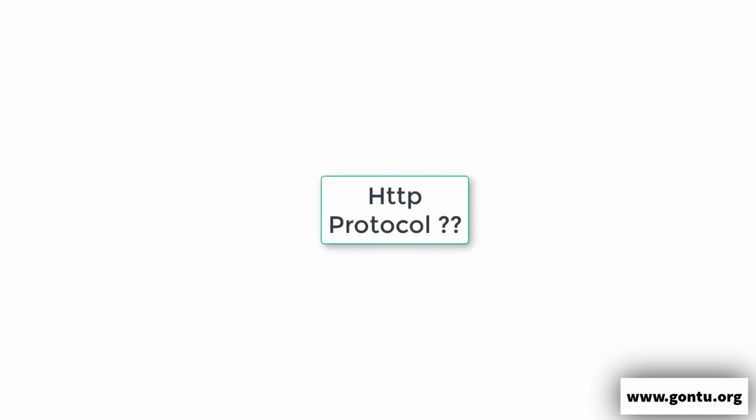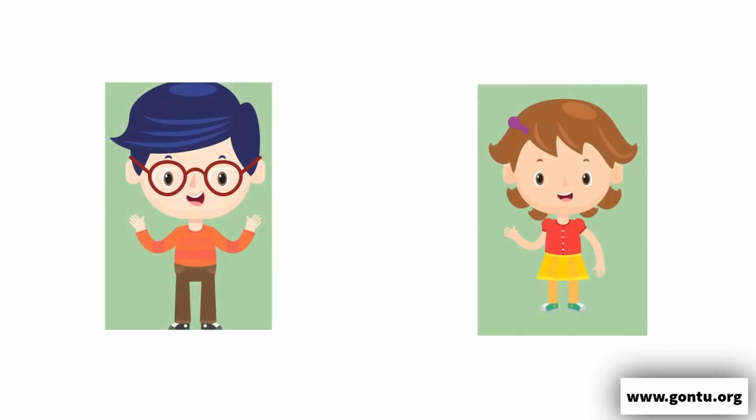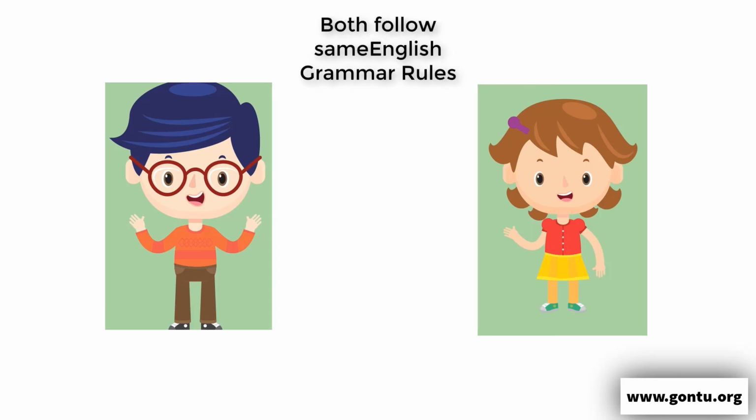Guys, now that we have understood what Tomcat Apache server is all about, it's the turn of HTTP protocol. So what is it all about? Guys, in real life, when two persons communicate with each other, how do they communicate? To have effective communication between them, both persons follow a certain common set of rules and regulations. Like if both speak English, then both need to follow common English grammar rules.